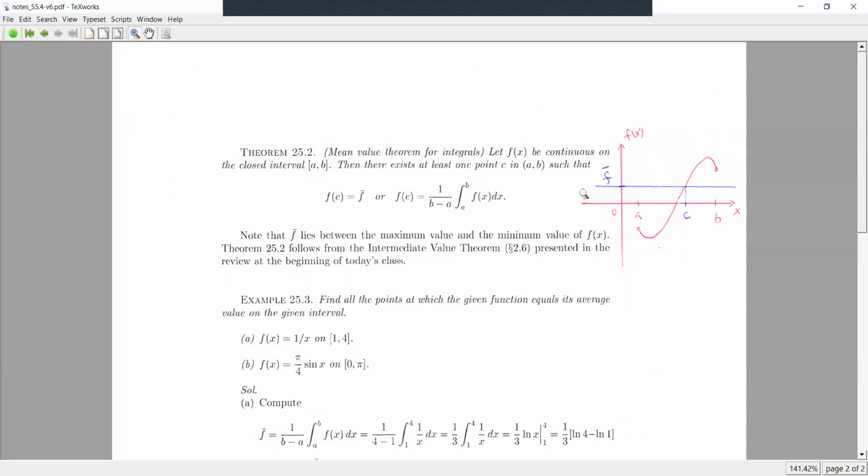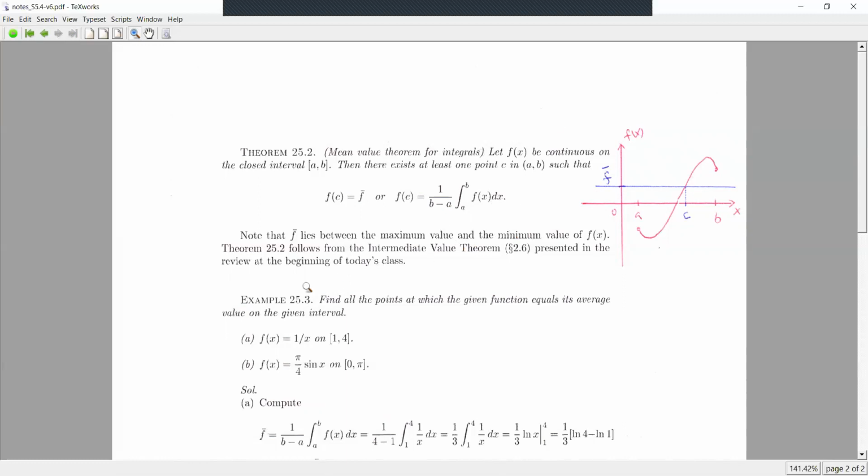So when I draw a horizontal line through f bar, the horizontal line will intersect the curve at least one point. The point is the point C. At the point C, the function value is equal to f bar. This is the mean value theorem for integrals.